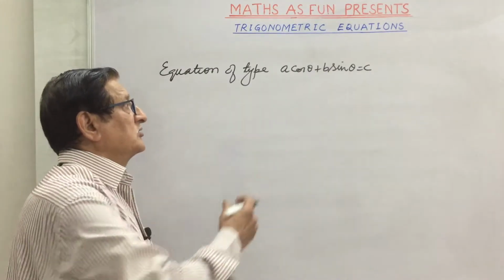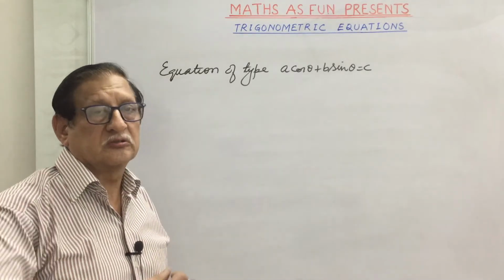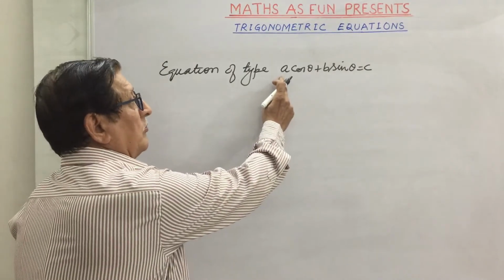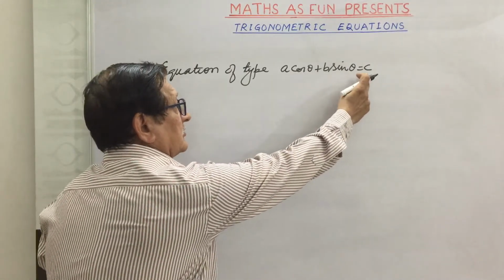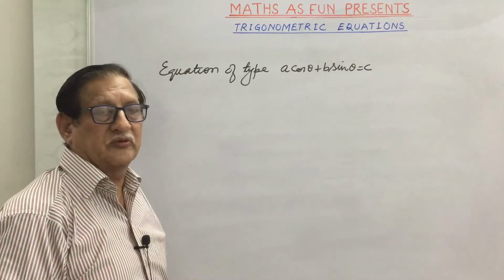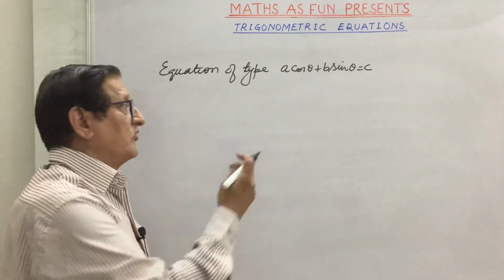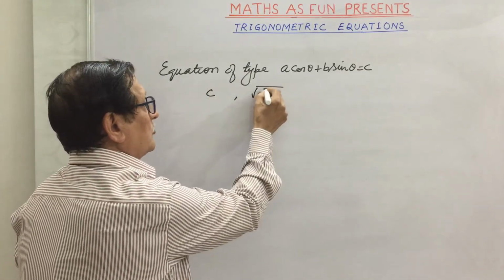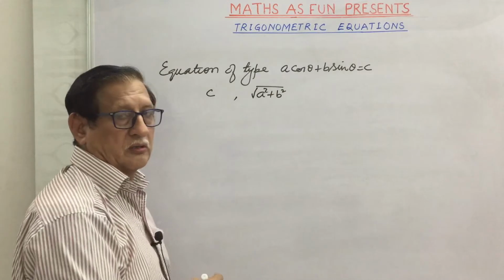After learning about the three categories of the solutions of the trigonometric equation, sometimes we have the equation in the form a cos theta plus b sin theta equal to c. When we try to find the solution of this type of equation, first of all we see c, and then we find the value of root of a square plus b square.